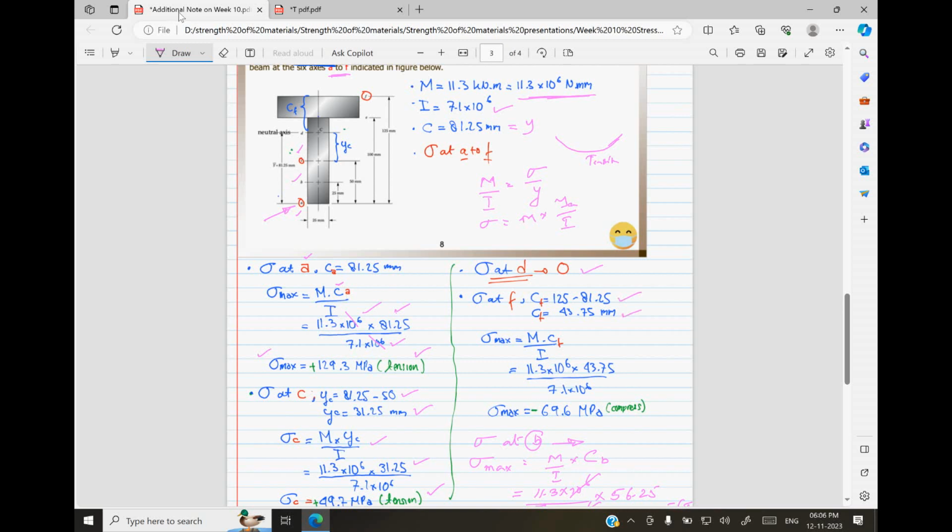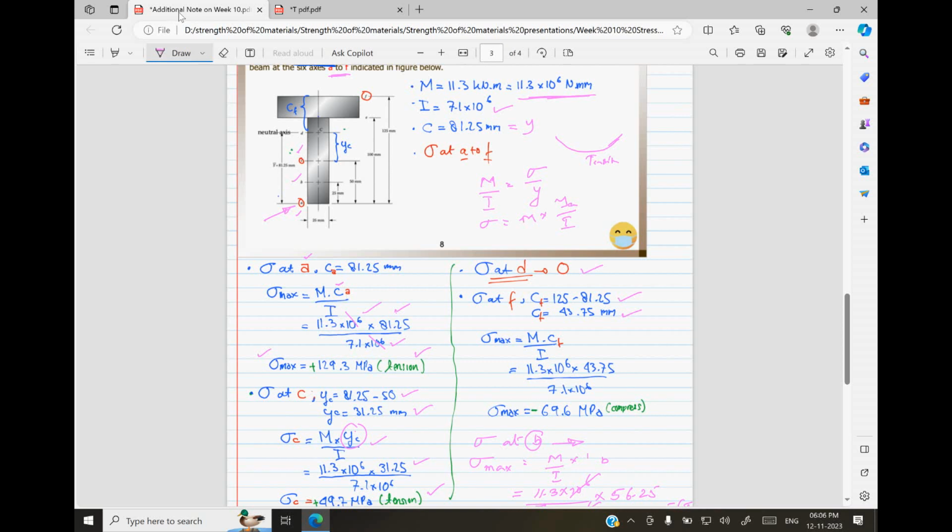And again I will go here and write. When you are using C, this means the maximum stress we are talking about. Otherwise we are writing the middle points as YC, is it not? So actually we should write this one as YB only. Let me write it as YB.